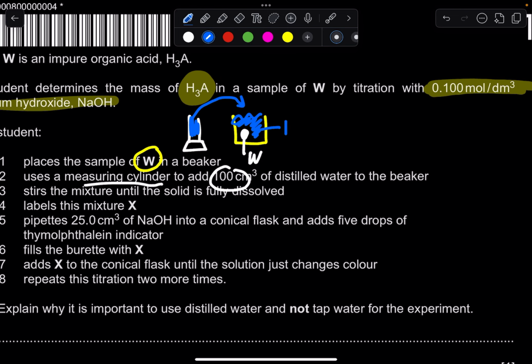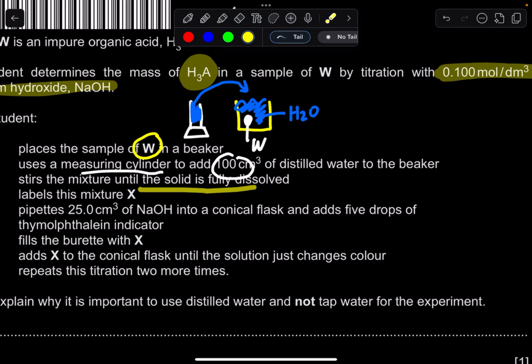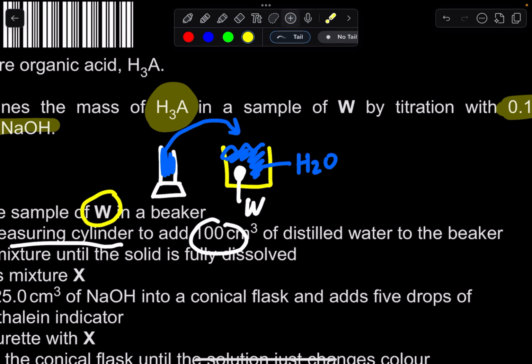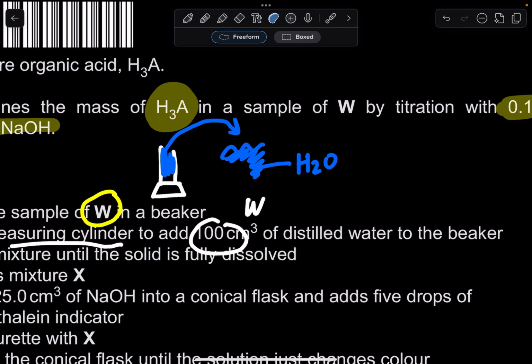So this is water and this is W. Okay, stirs the mixture until solid is fully dissolved. So now he's basically going to take this and mix the mixture like this, and this W solid is going to dissolve into the mixture. Okay, so now this W is basically dissolved in the water.